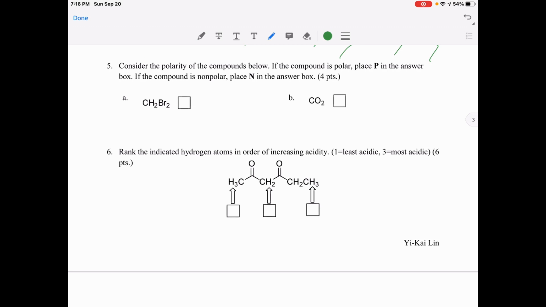Since the central atom is carbon, you can draw the carbon in the center here, and let's draw the substituents that are attached to the carbon. Since the carbon is attached to 2 hydrogens and 2 bromines, it would have a tetrahedral structure because of sp3 hybridization.